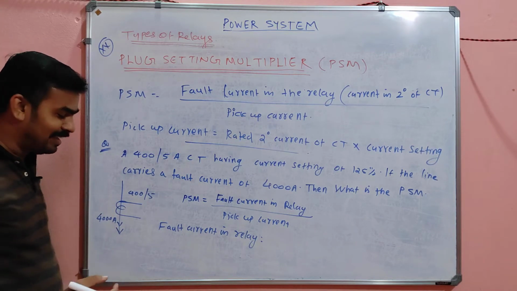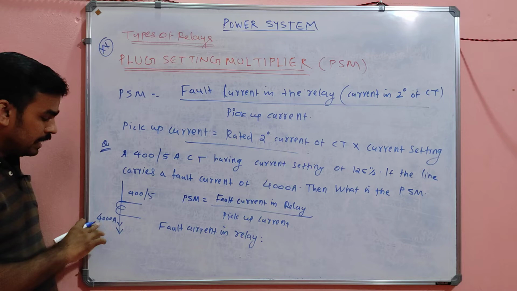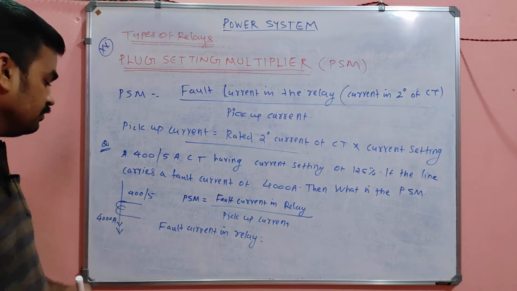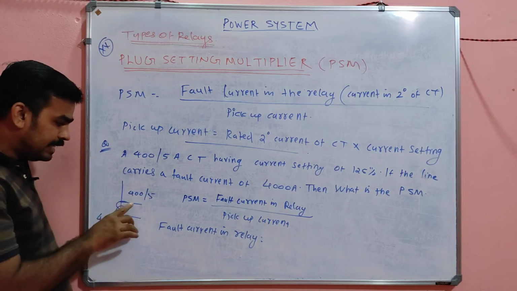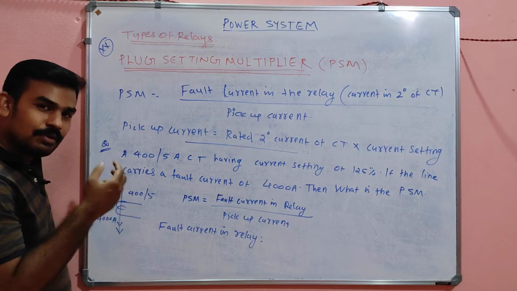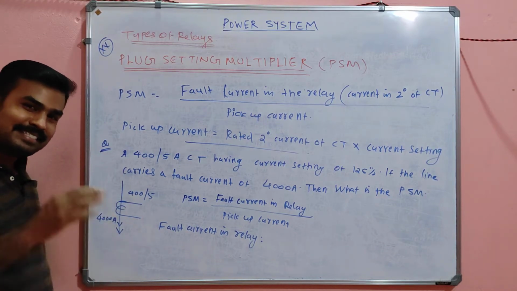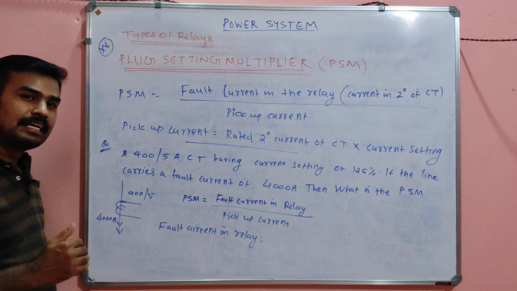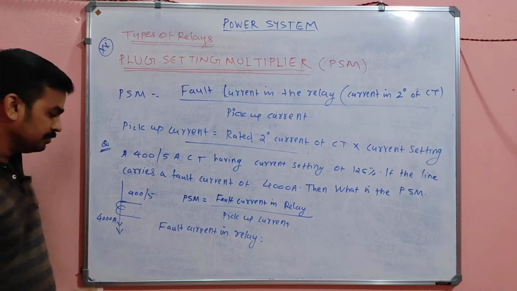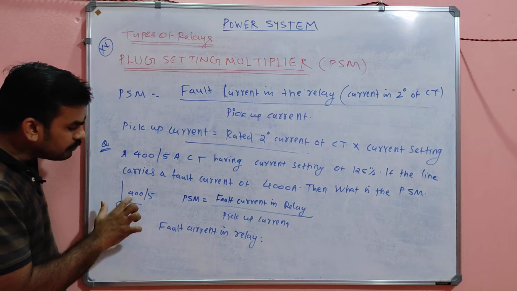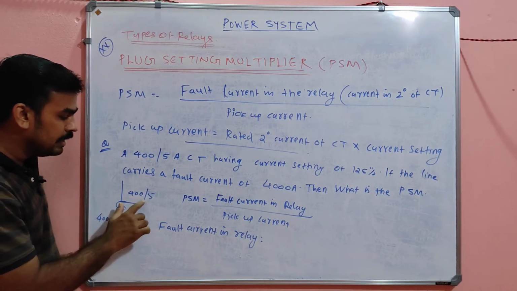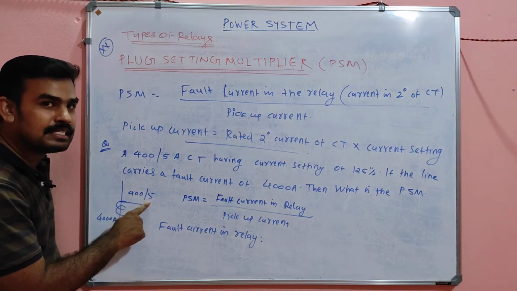If 4000 ampere passed through this, the relay coil would suddenly burn. That won't happen, which is why we use a step down CT. CTs always step down the current and increase the voltage. So 400 ampere in the primary is converted to 5 ampere in the secondary.